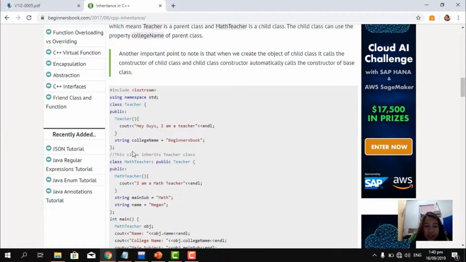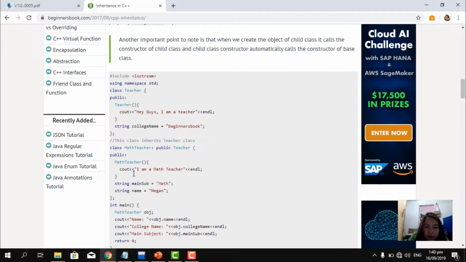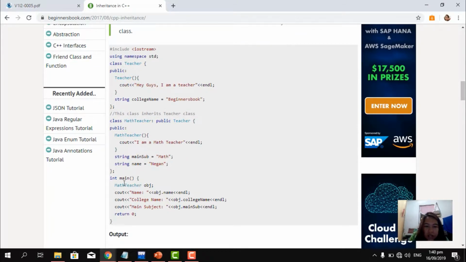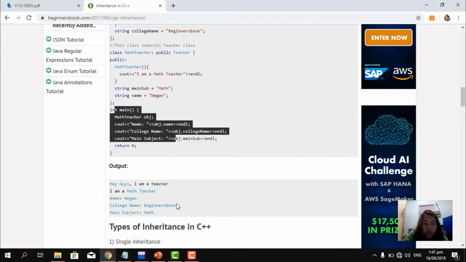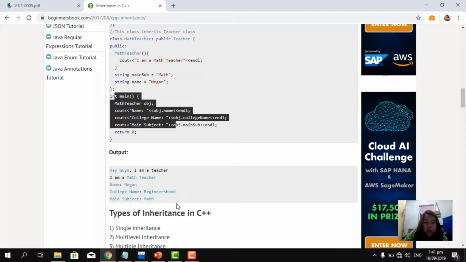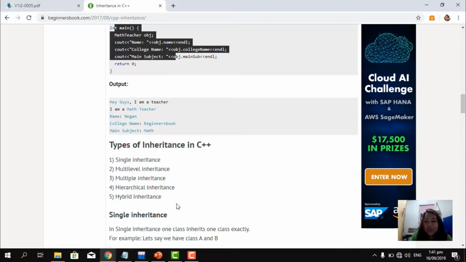So this is the base and the derived, a parent and a child. And to get the college name and the subject name, we get the object. So the output is: hello guys, I am a teacher, college name, beginner's book, main subject math.